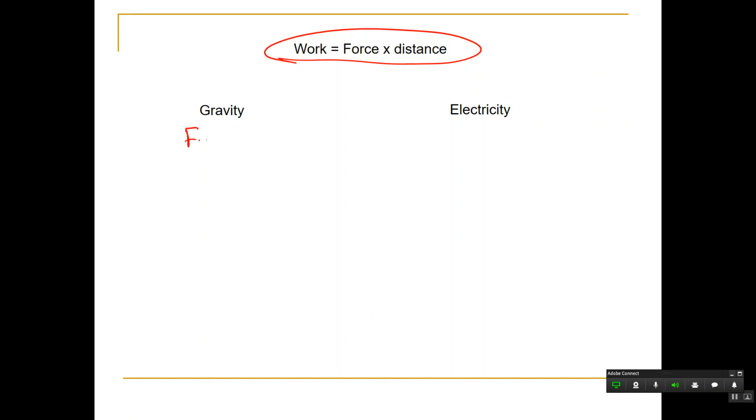So work, in this case potential energy, is equal to the force of gravity, which is mg, times the height, right? And this gives us something in, what are the units of energy again? Joules, very good, in square brackets.